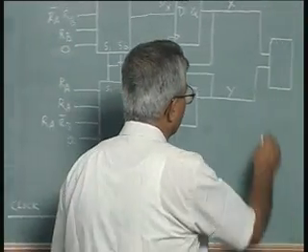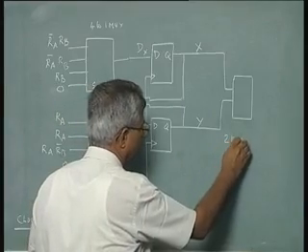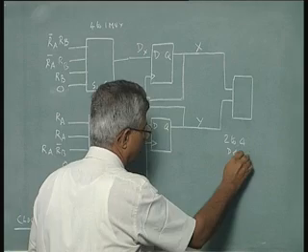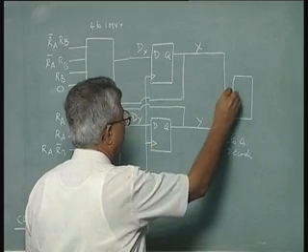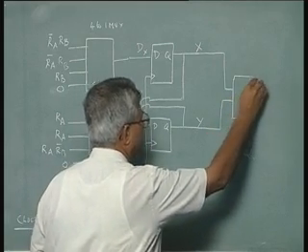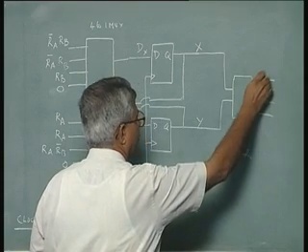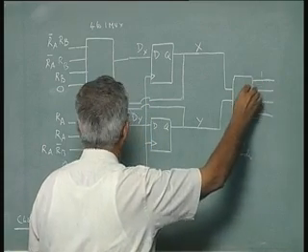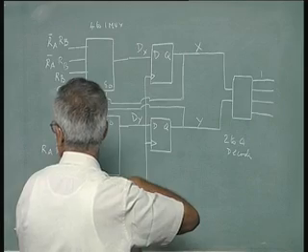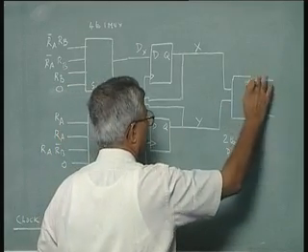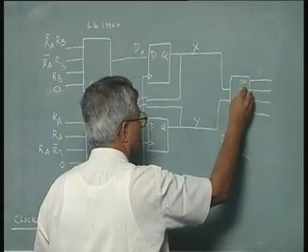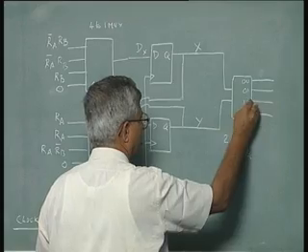So, I will use a 2 to 4 decoder, to which I will give this x and y as inputs and get 4 outputs. This is my 0 0 output, 0 1 output, 1 0 output and 1 1 output.